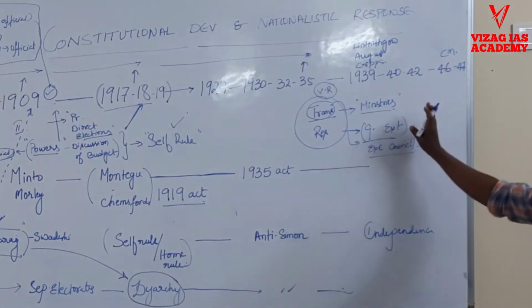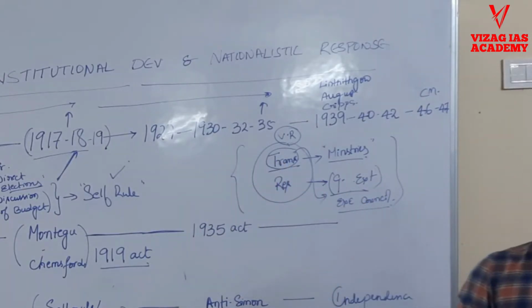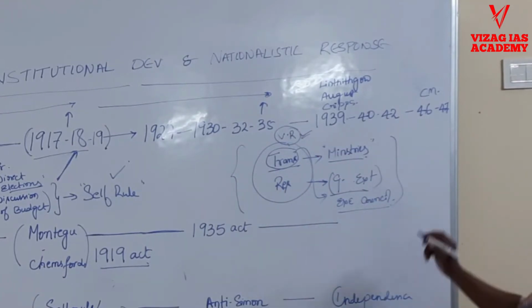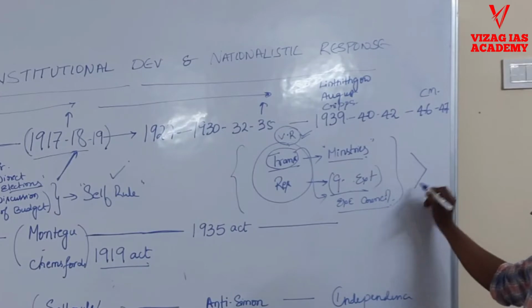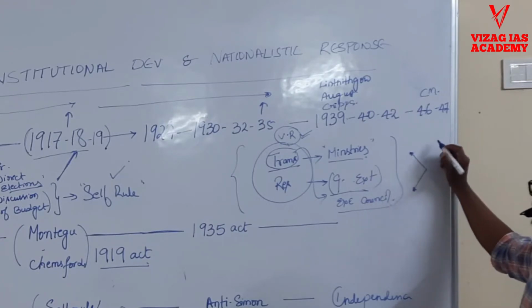That is one basic thing. It gives a feel of self-rule, but because of this division, in practice it is actually not self-rule, because ultimately it will be controlled by the viceroy. The other thing is a very unscientific division of subjects.